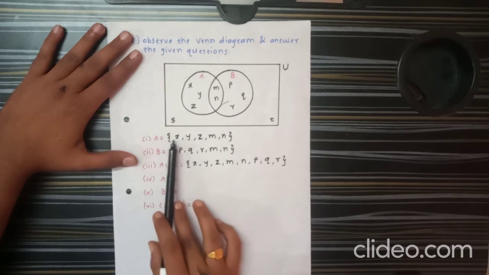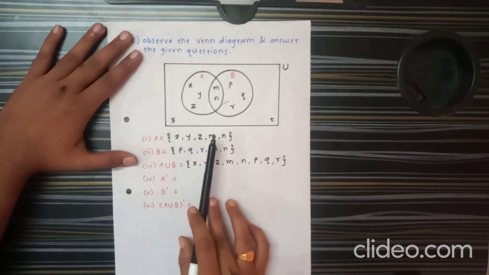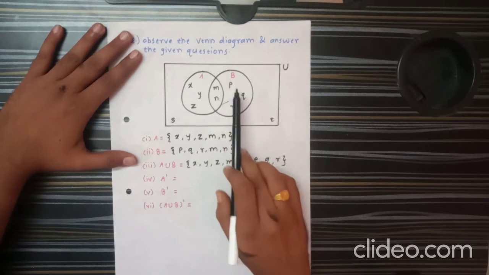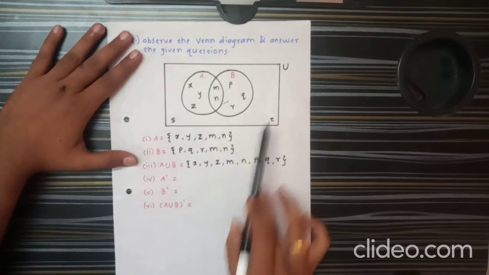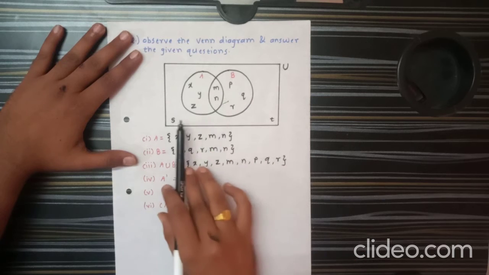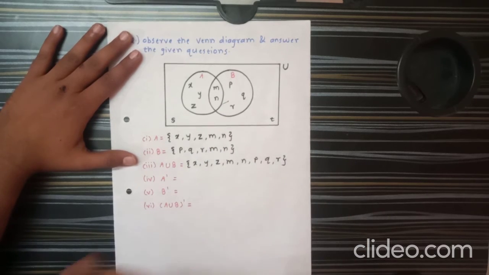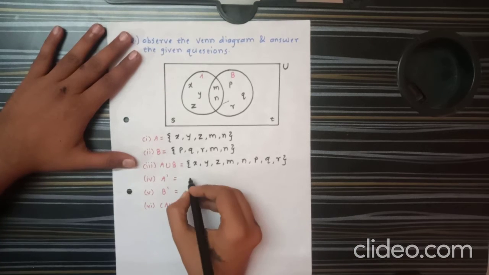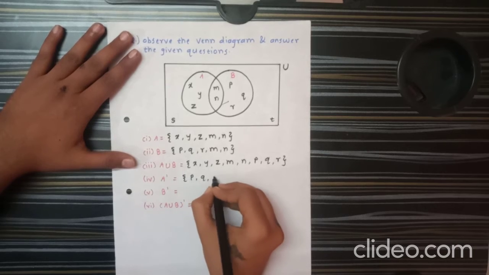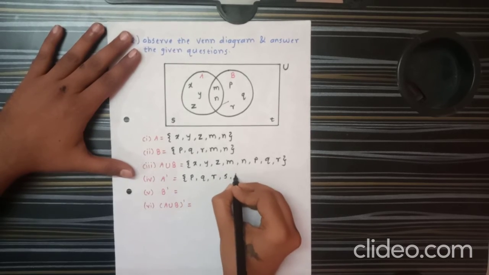Set A has the elements X, Y, Z, M, N. So apart from these, whatever the rest of the elements are, that is P, Q, R, S and T, we are going to write as the complement of set A, because these 5 elements are not part of set A. So A complement, or simply A dash, can be written as P, Q, R, S and T.